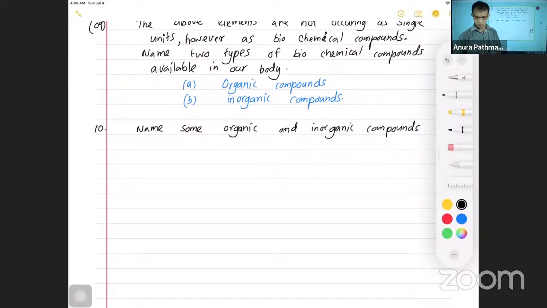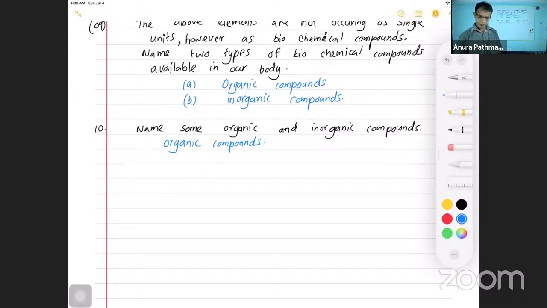When the question is given like this, don't write only the list of items, but please include the subheadings as well. Then the examiner can find it easy to mark your paper. Organic compounds.